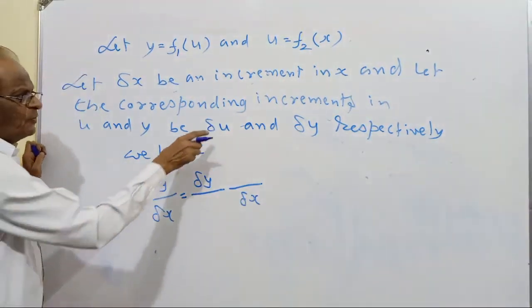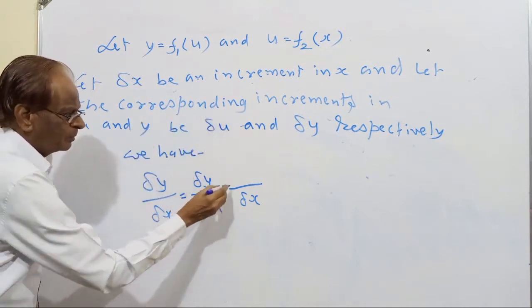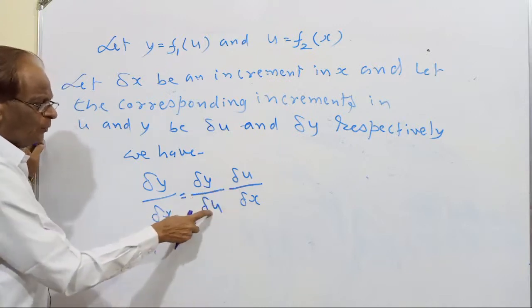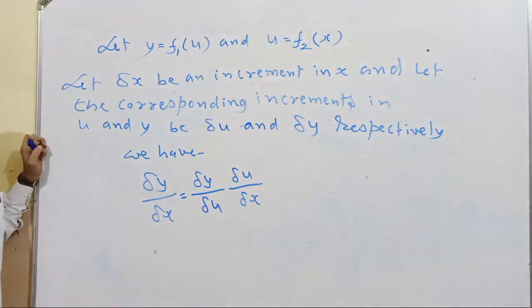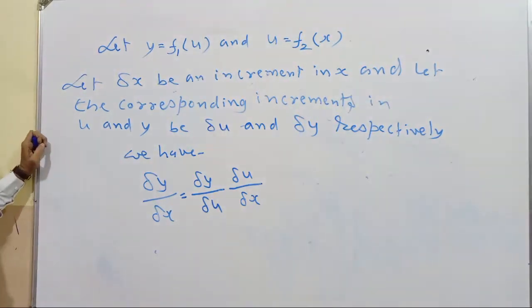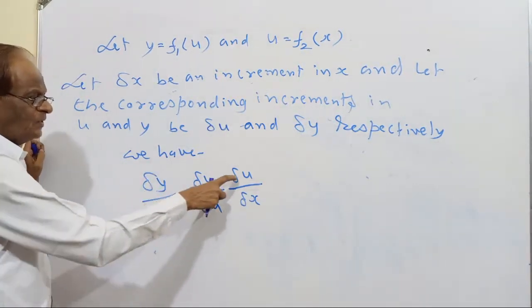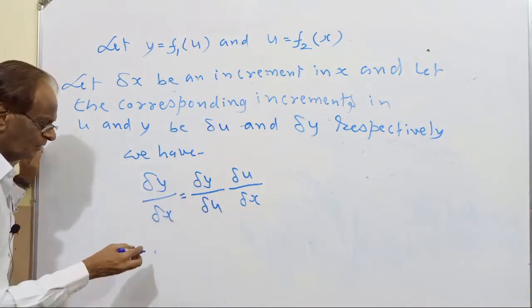We are introducing this delta u. Delta u cancels. If delta u cancels, it is delta y by delta x. It is an adjustment. This delta y by delta x can be written with delta u cancelling. It is delta y by delta x.